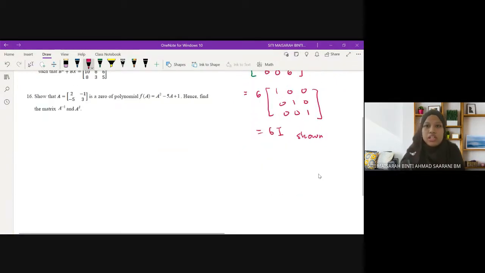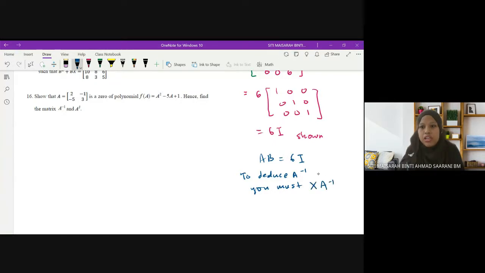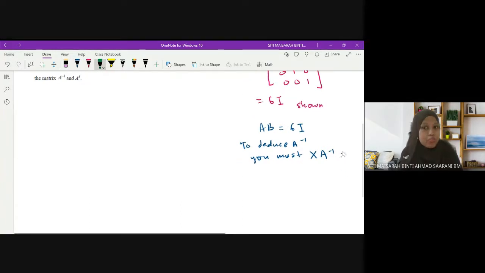So nak deduce dia from AB equals to 6I, awak nak deduce A inverse. Jadi to deduce A inverse, you must multiply with A inverse. Kalau nak multiply A inverse, suppose kena letak tempat dia betul lah. Sama ada depan-depan ataupun belakang-belakang.